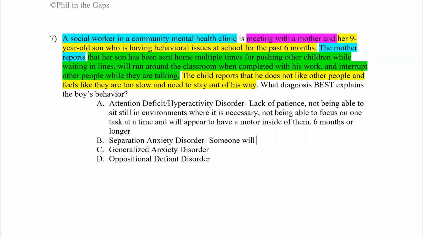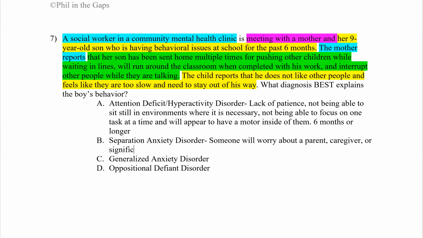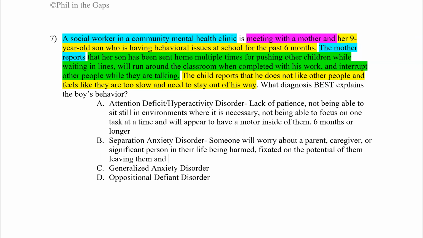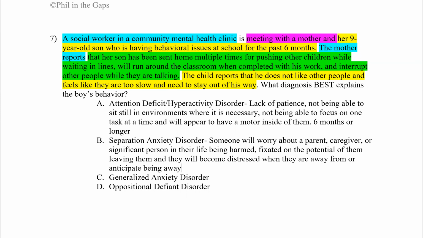Separation anxiety disorder is when someone will worry about a parent, caregiver, or significant person in their life being harmed, fixated on the potential of them leaving them, and they will become distressed when they are away from or anticipate being away from them.